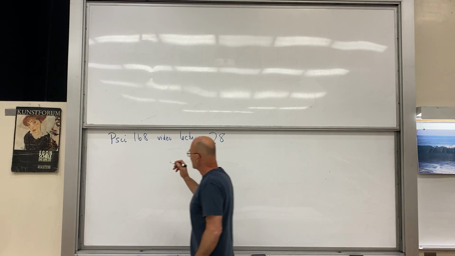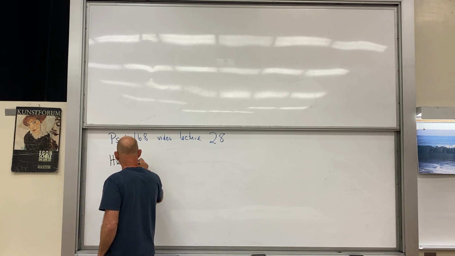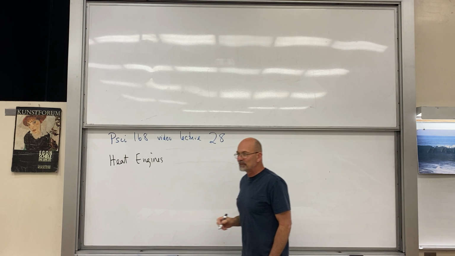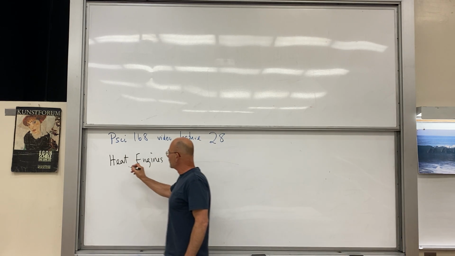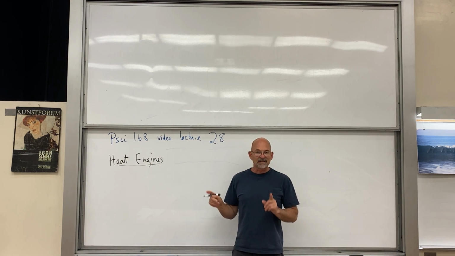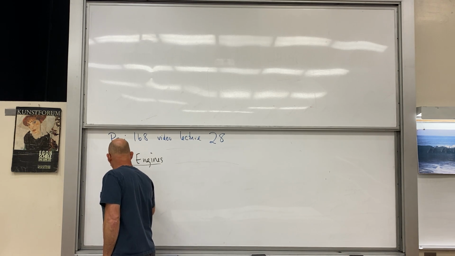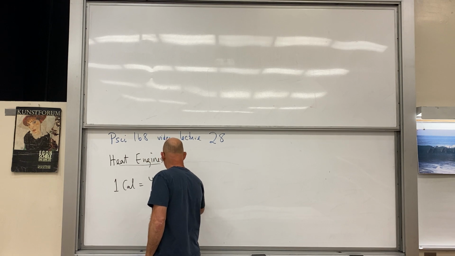So here we go. We're doing heat engines, and now that we've seen them, we can review it quickly and remind ourselves what was going on there. We always start from the mechanical equivalent of heat. That's something we learned, that a calorie is 4,186 joules.